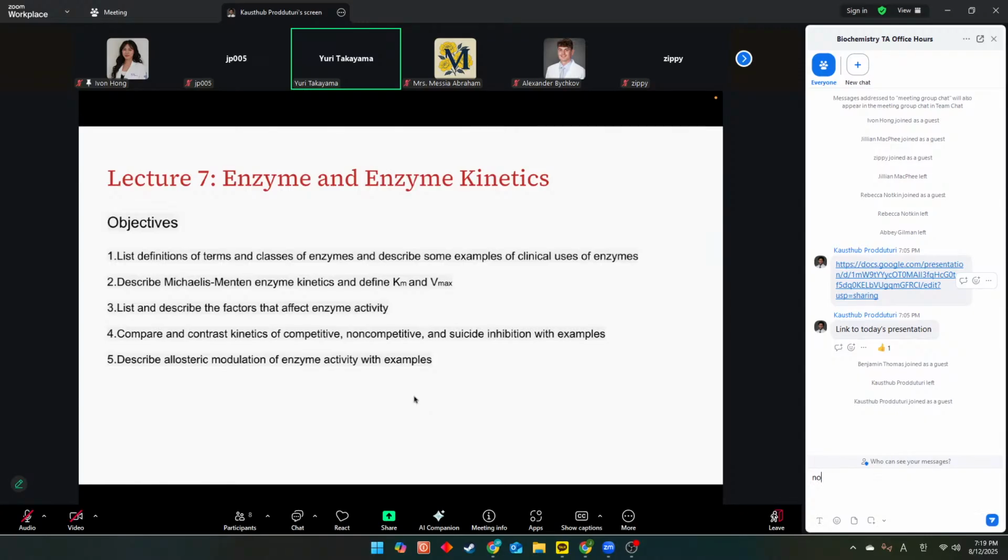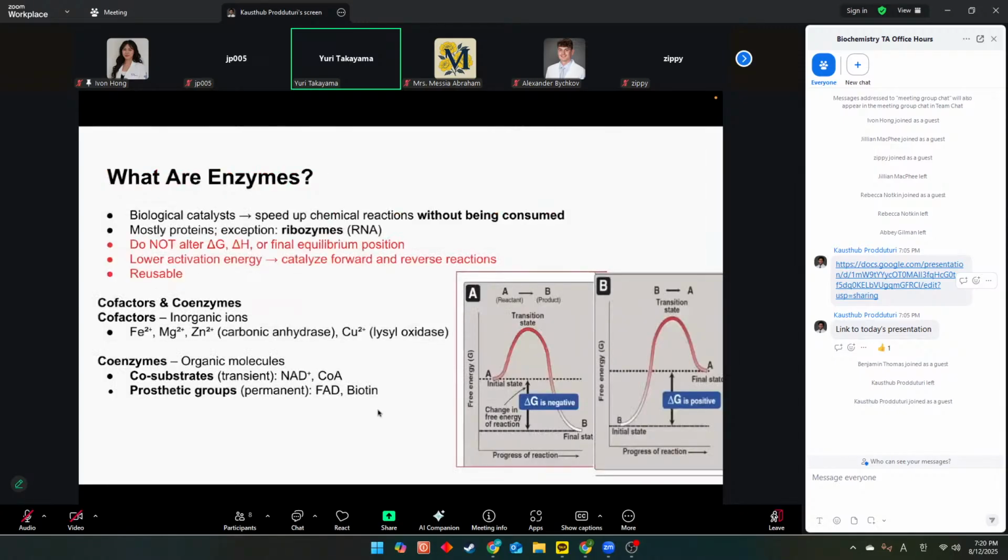Okay, I'll move on to lecture 7, which is about enzymes and enzyme kinetics. Next slide, please. So let's talk about what enzymes are. Enzymes are biological catalysts. They speed up chemical reactions without being consumed.